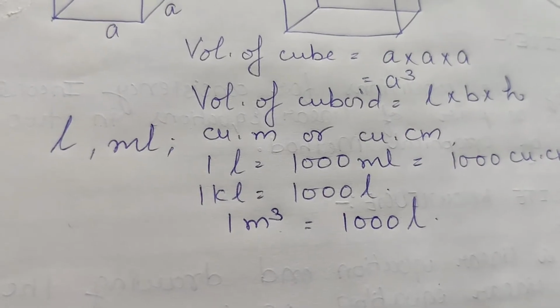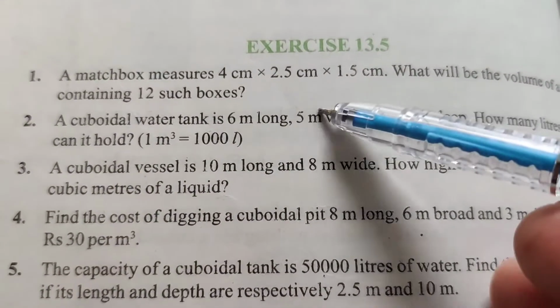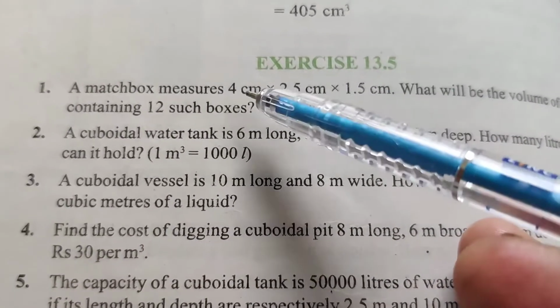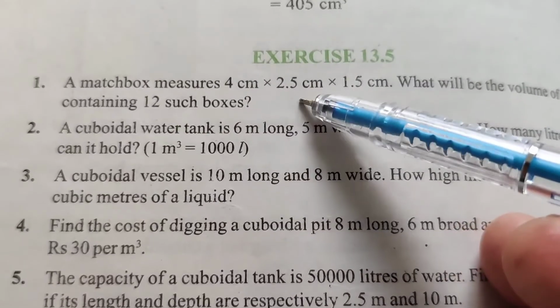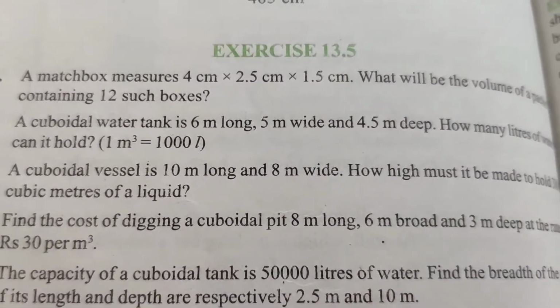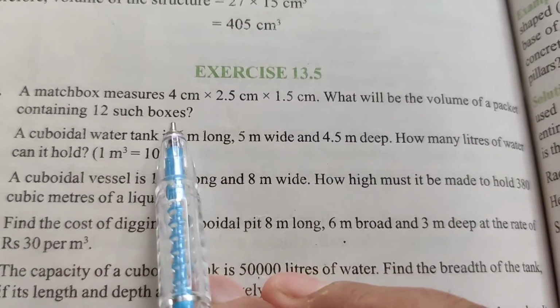Now the question number 1. A matchbox measures 4 cm into 2.5 cm into 1.5 cm. It means length equals 4 cm, breadth 2.5 cm and height 1.5 cm. What will be the volume of a packet containing 12 such boxes?